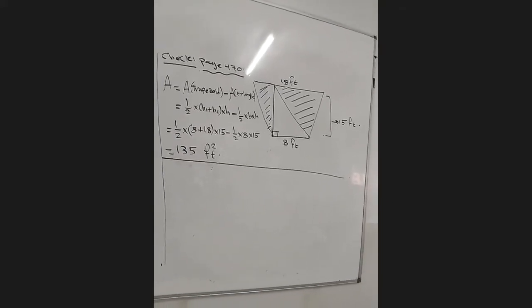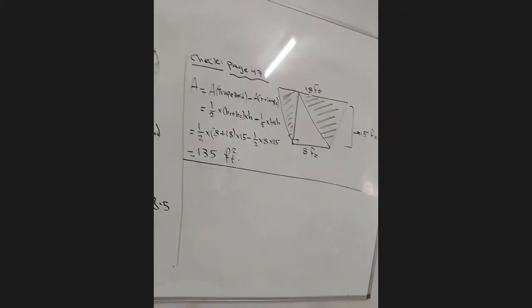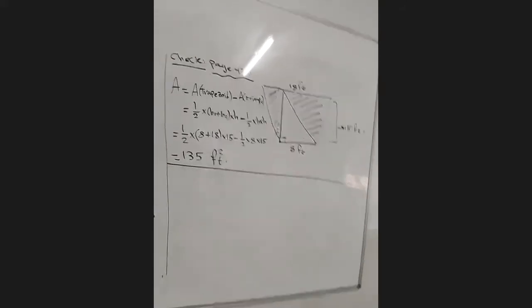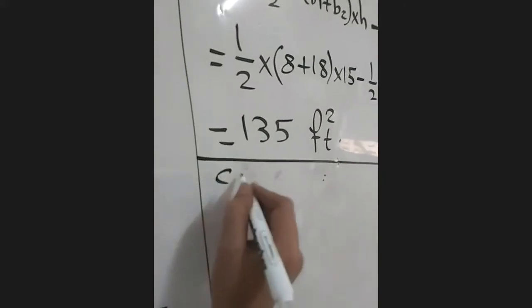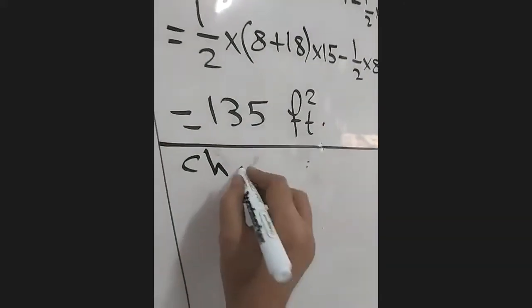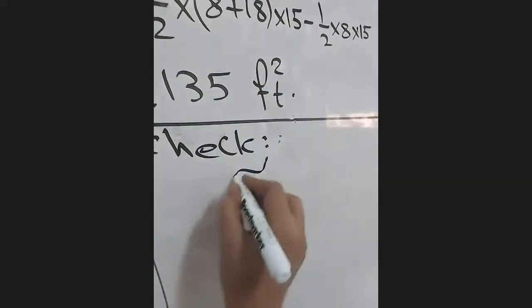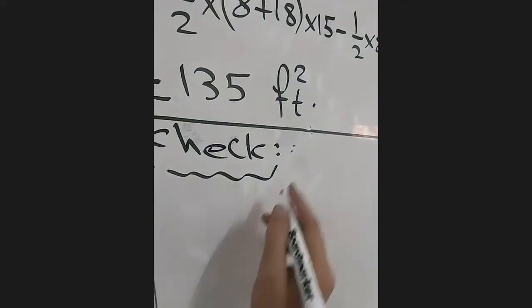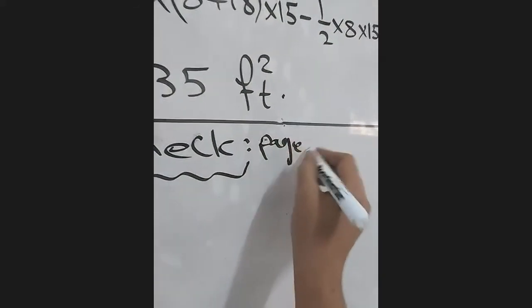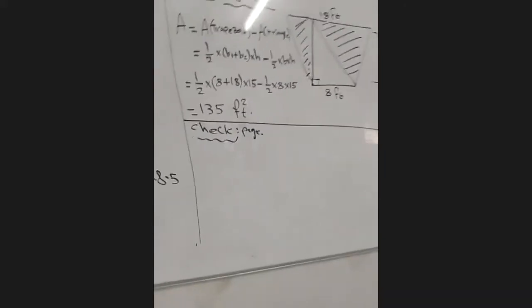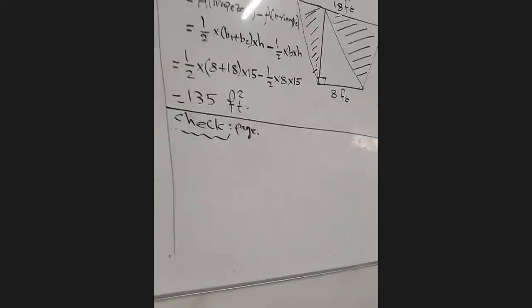See, let's do the check, guys. The check, page 472. See it? I don't know if I have enough time, so I'll try to do it as much as I can.